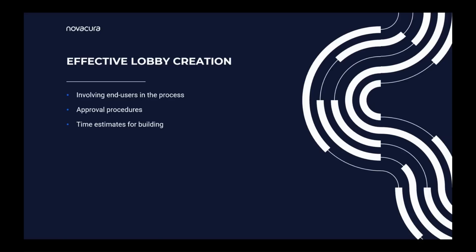Therefore, it's important to tell them that they should think about what data they want to have easy access to when they are navigating around in the system. So make them remember that the potential of lobbies is huge and the possibilities are endless while creating lobbies.